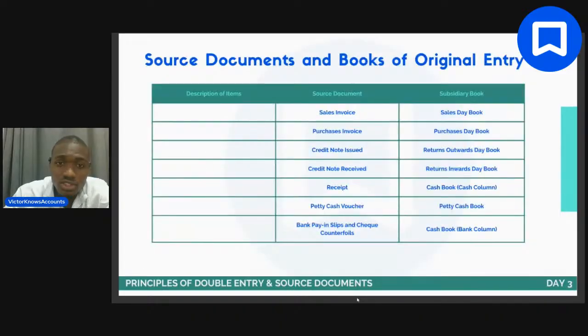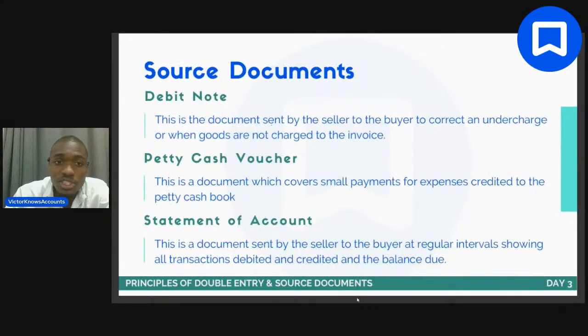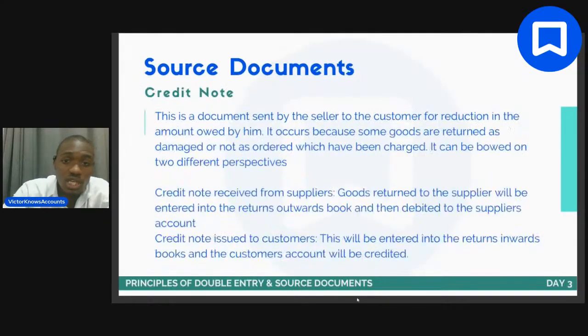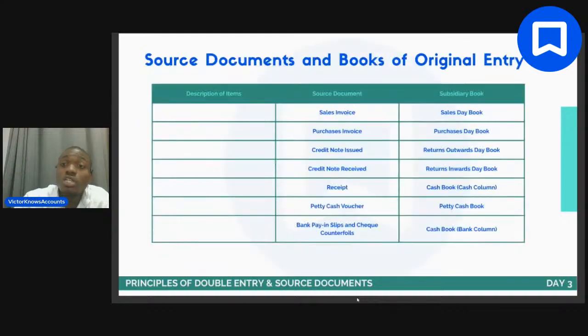Sorry, you notice that there has been a mistake in this table, but the correct one is here. I made a mistake while preparing that. Just pay attention. This one should not be returns outwards, it should be returns inwards.